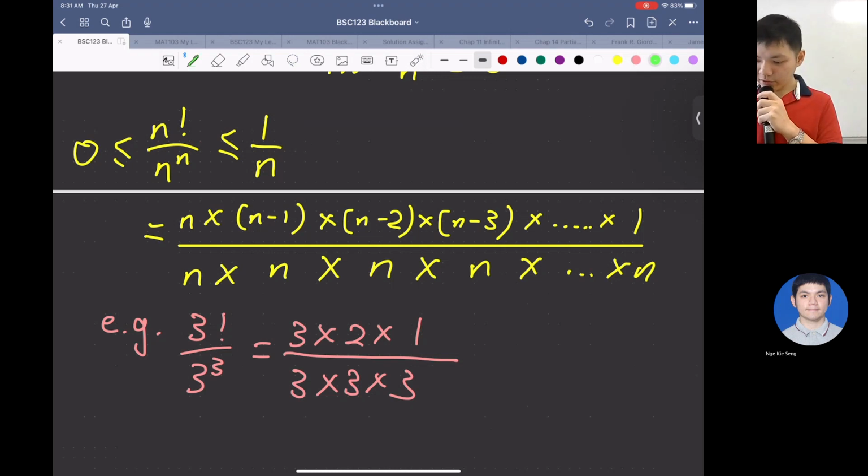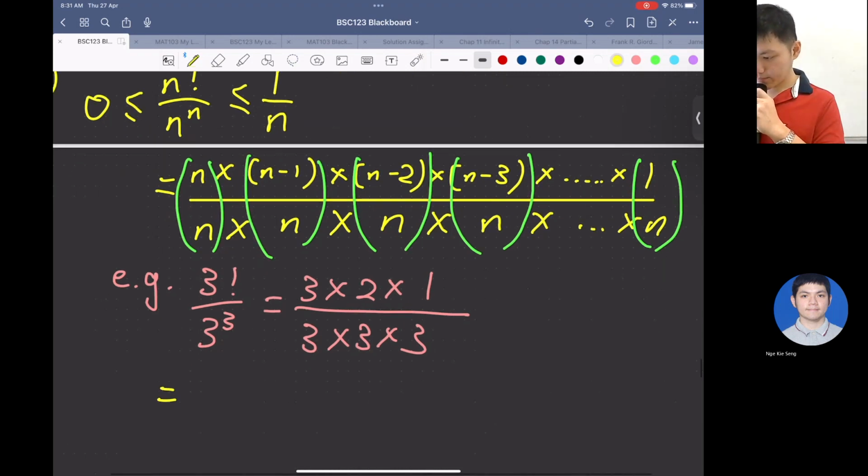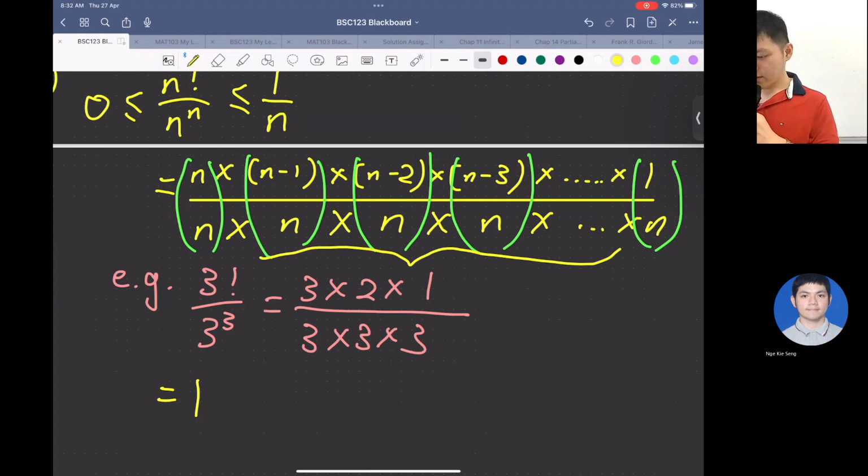If you group your terms like this, the first term is n over n, which is 1. All the other terms in the middle are less than 1. Multiplying many terms less than 1 is still less than 1.